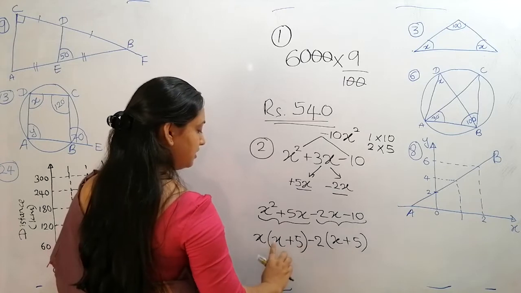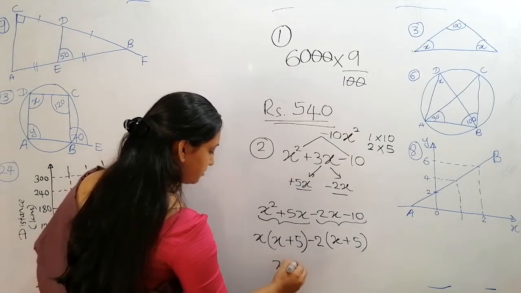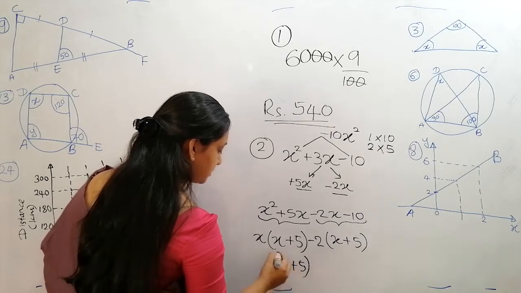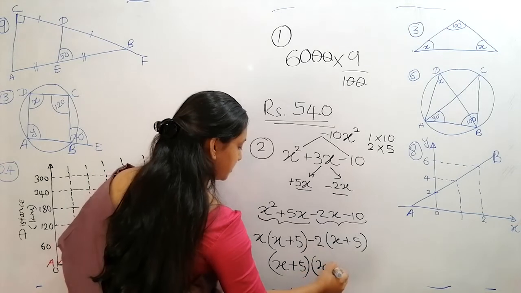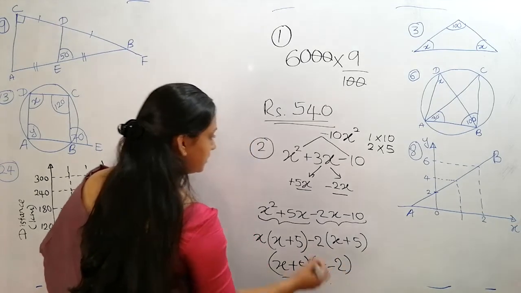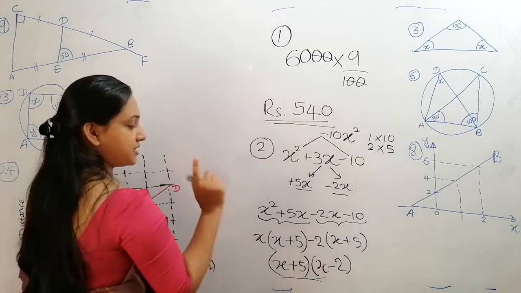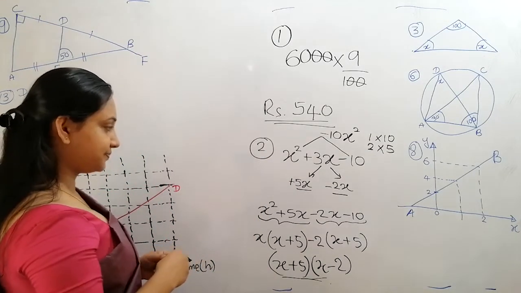Both terms contain x plus 5. Then it is the common term. Here remains x and here remains minus 2. These are the factors of the given quadratic expression. This is the answer for question number 2.